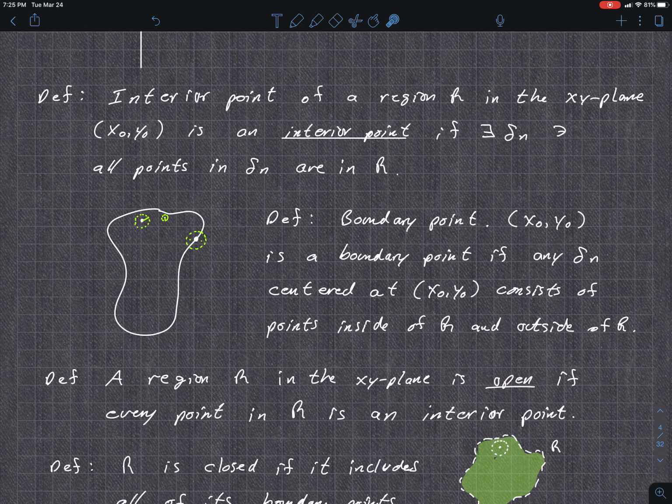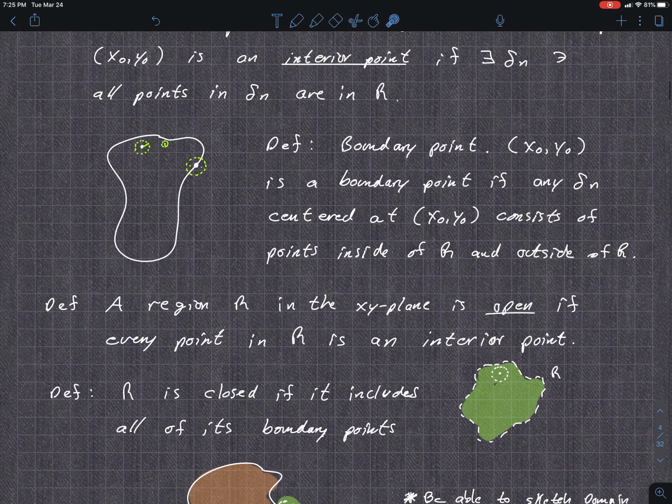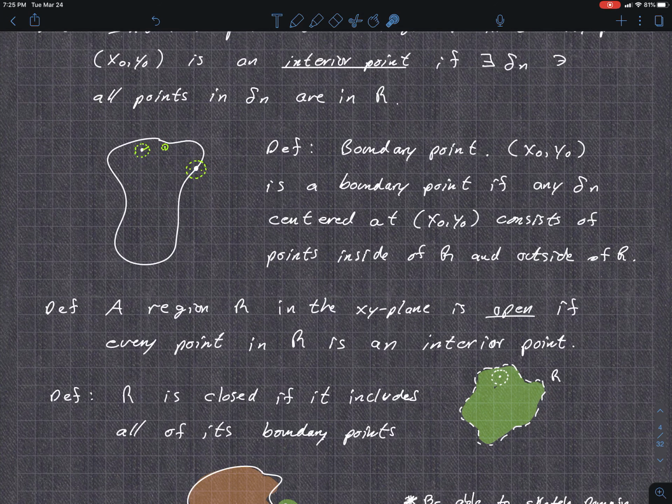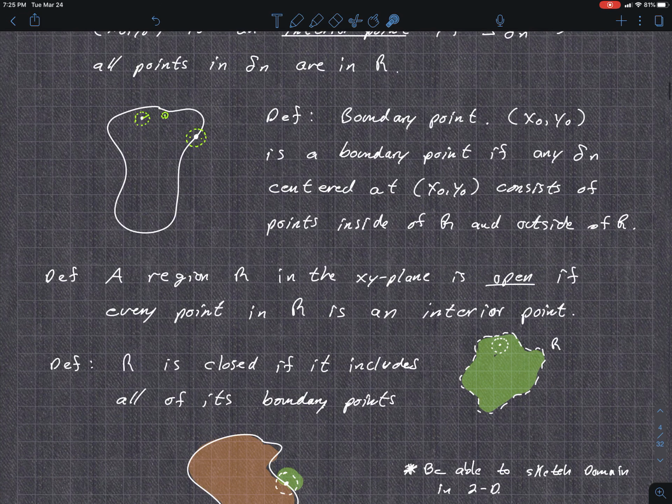Okay, boundary point means you're on the boundary: you put a point there, and there are always points inside and outside that delta neighborhood. So it contains both points in and out of the region. Okay, open is basically has to do with interior points.